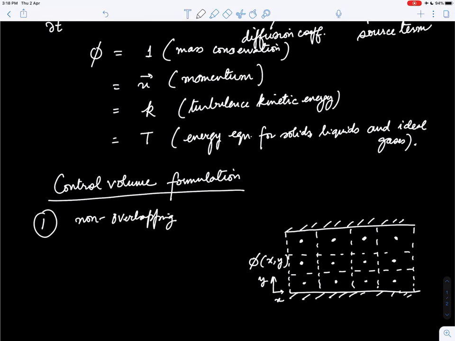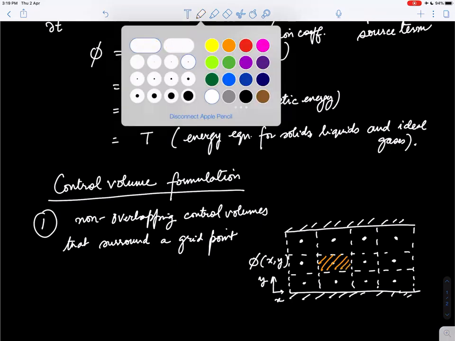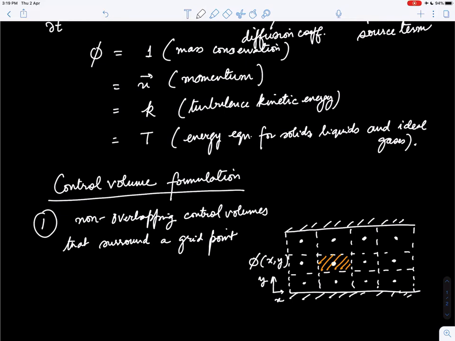Just to highlight this concept, this becomes one control volume, a representative CV, and this is our grid point.